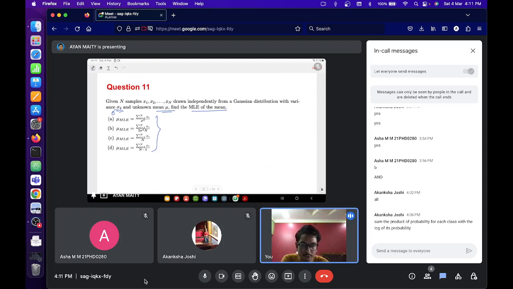From the same Gaussian distribution we draw these samples, and now we are trying to find the mean of that Gaussian distribution using maximum likelihood estimation.